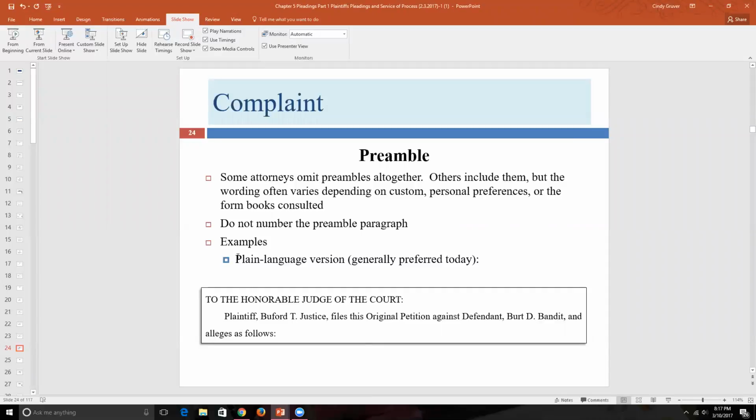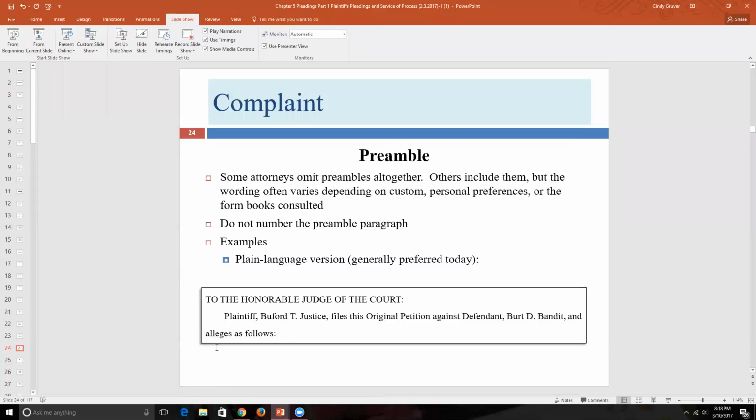That's a very common way of saying it. You can see it's written in a plain English style. It's not overly lawyered up in terms of language. Another way this used to be stated that's more lawyered up would be, I won't write it up, "Comes now plaintiff and files this original petition against defendant, and would respectfully show as follows."